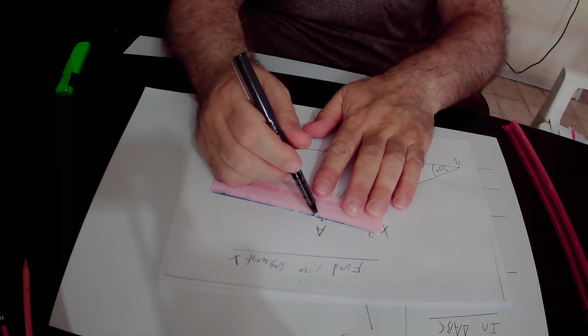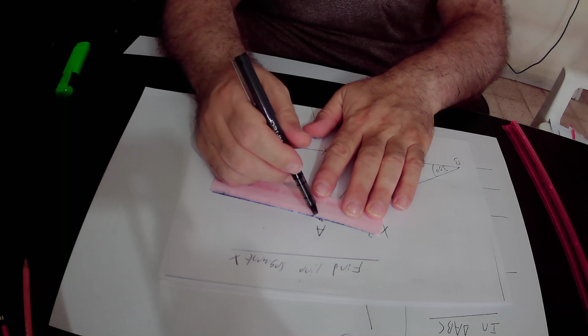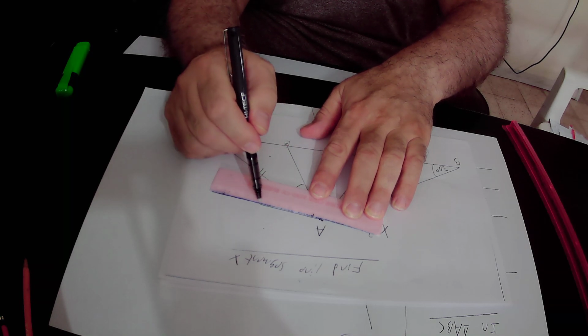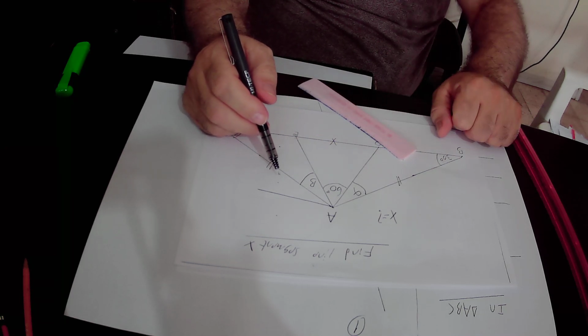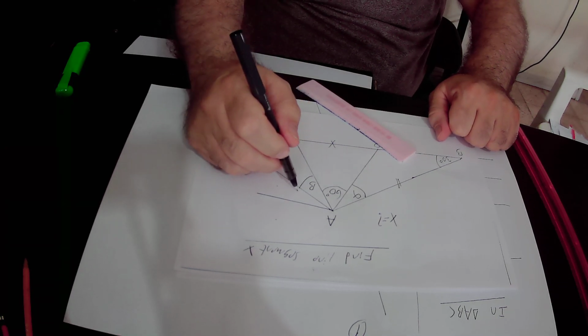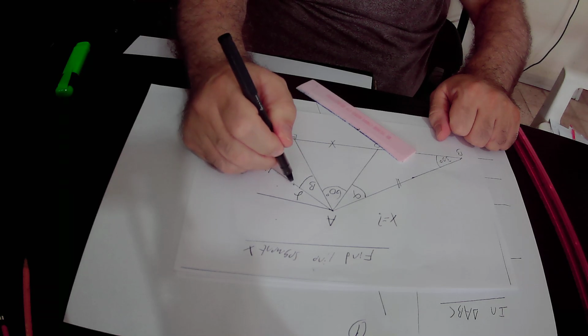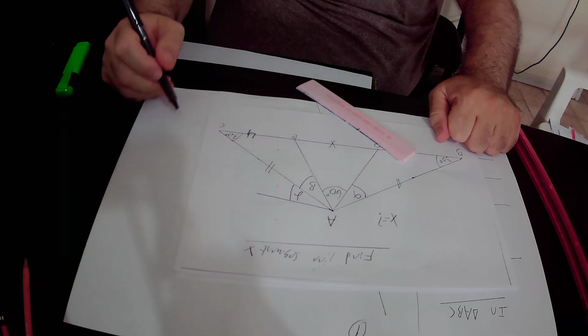So actually here, side CA and the straight line together create angle alpha. So this angle equals alpha according to our construction.